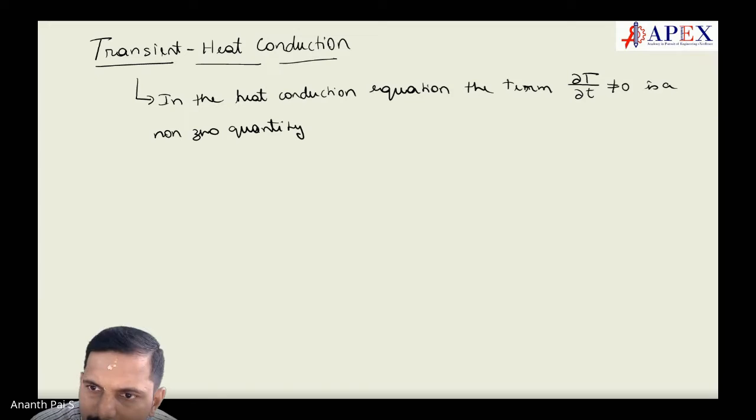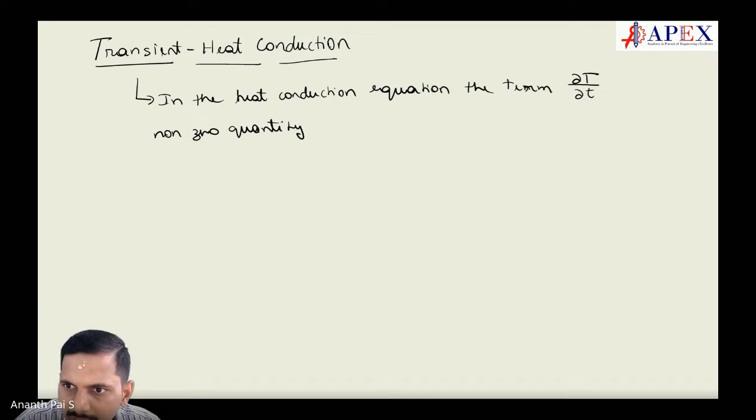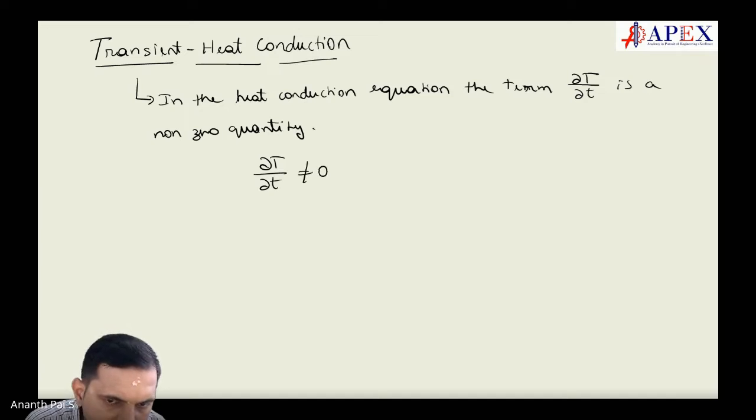Right? I'll write it like this. It's a non-zero quantity. That is dou T by dou t is not equal to 0. Fine.